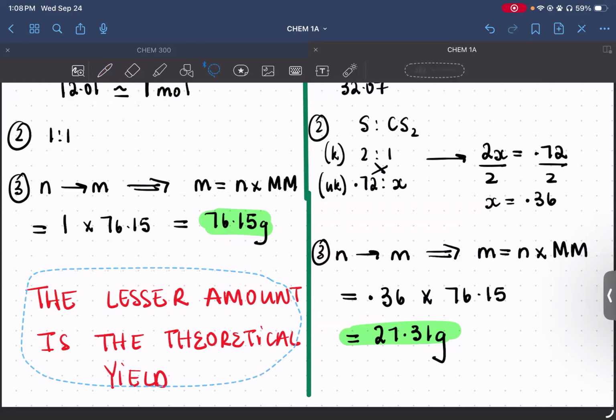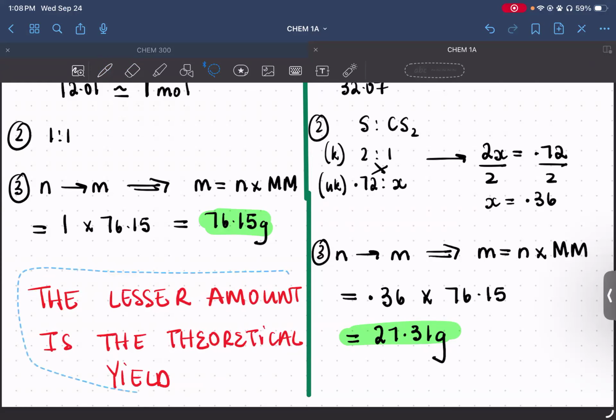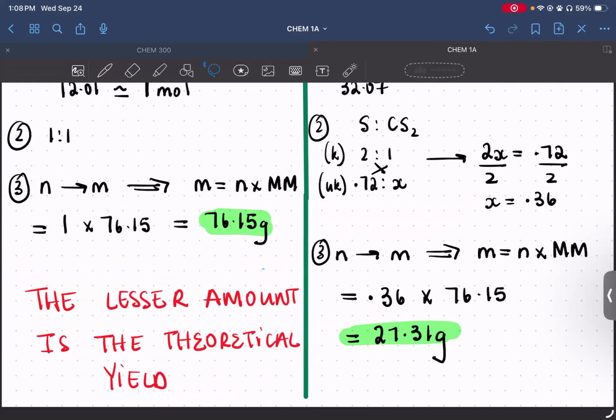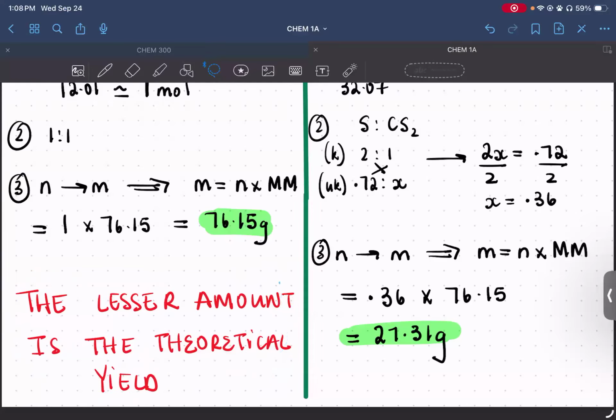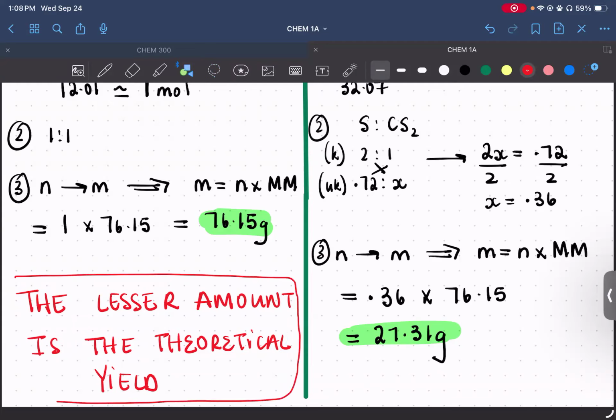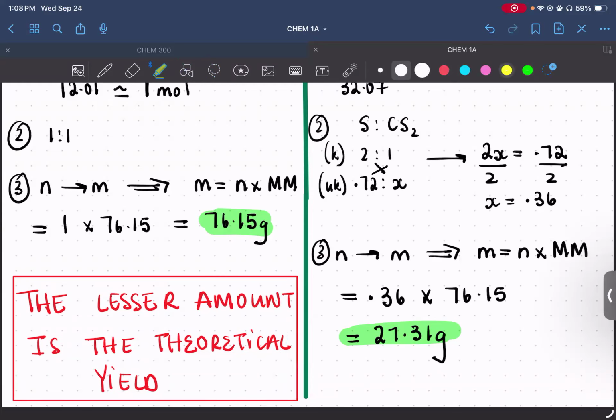The lesser mass is the theoretical yield, because in other words, what we are claiming is that that is the minimum amount we predict we can make. This is the big, big takeaway right here. The lesser amount is the theoretical yield.